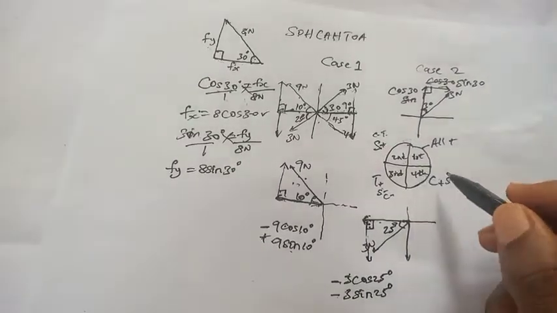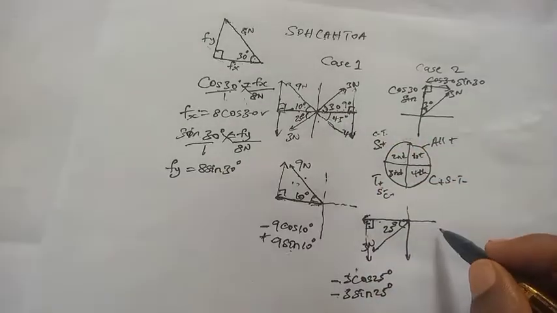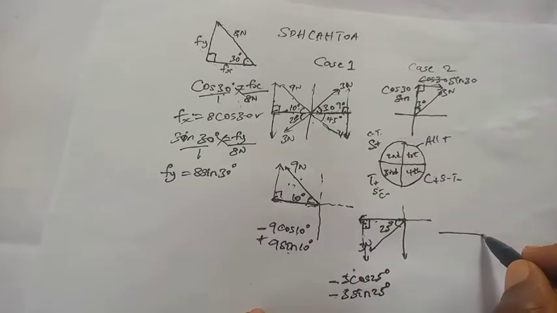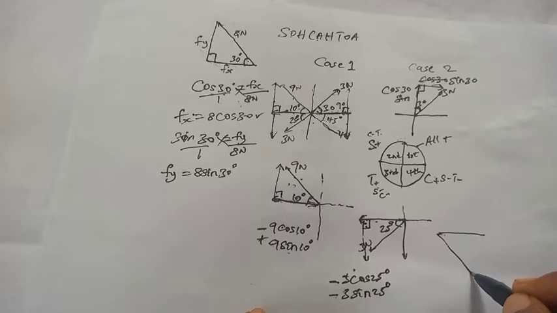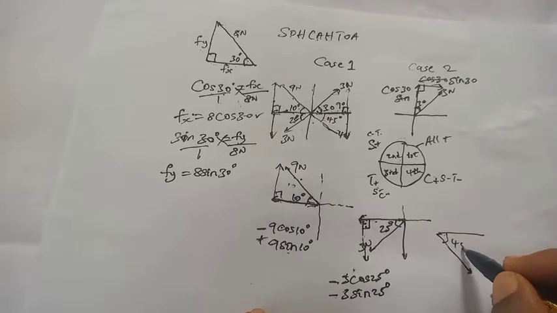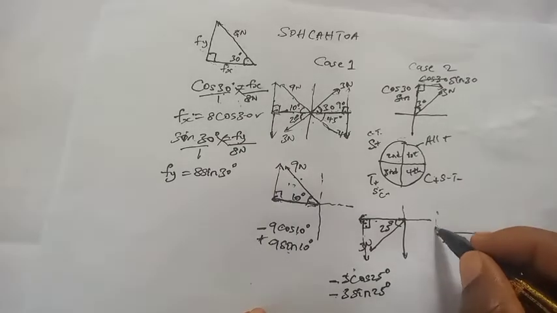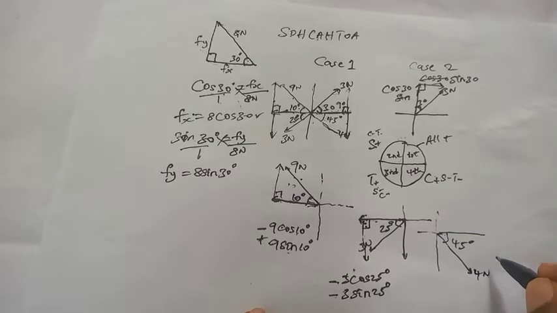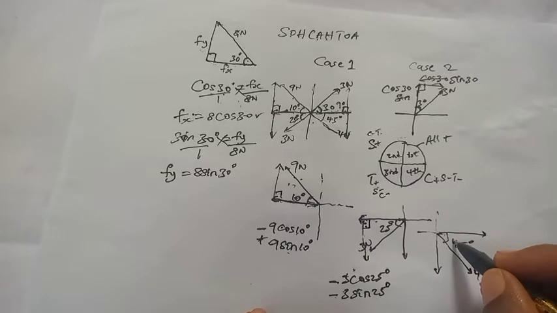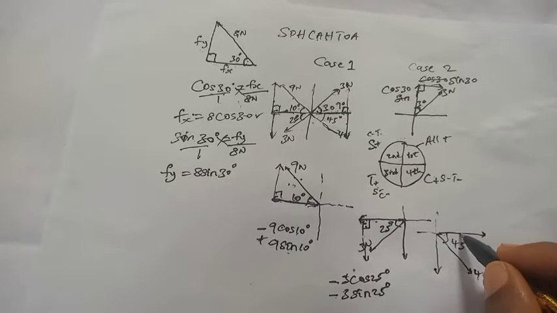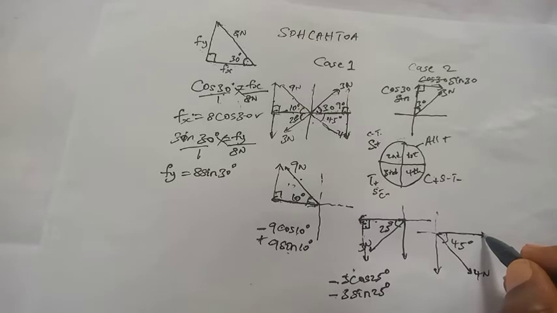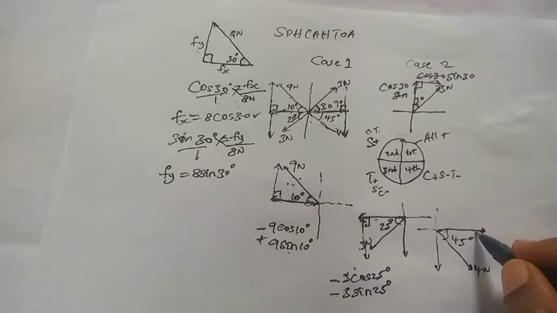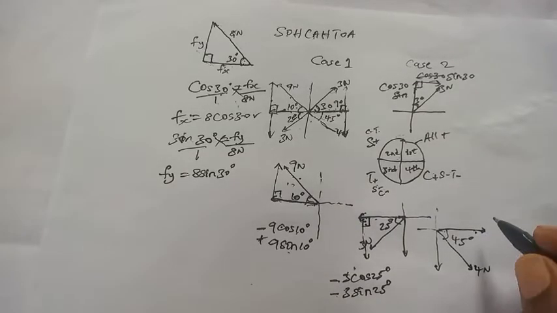So let's do this one that's on the fourth quadrant. Let's say we have 45 degrees, and then we have 4 Newton here. Because this angle is inclined on the horizontal x-axis, the horizontal component will be cosine theta.